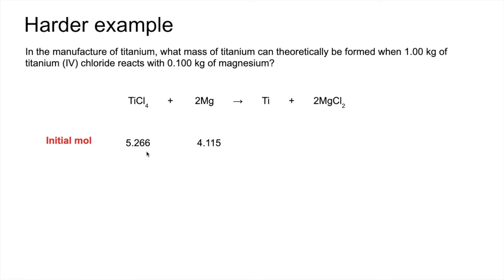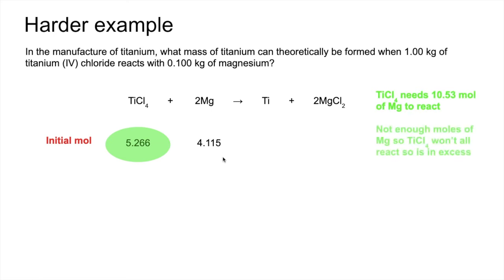If we do it the other way around, that many moles of TiCl4 is going to need 10.53 moles of magnesium. Well, we've got nowhere near that. So there's not enough moles of magnesium, the TiCl4 won't all react, so it's in excess. So excess reagent is established, and so is the limiting.